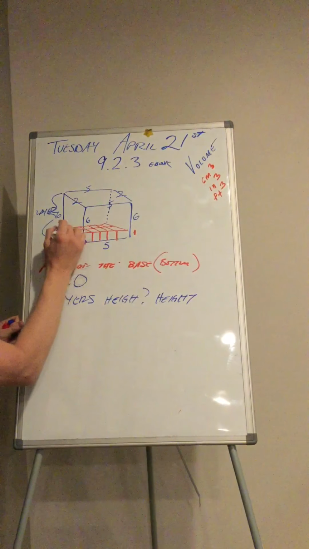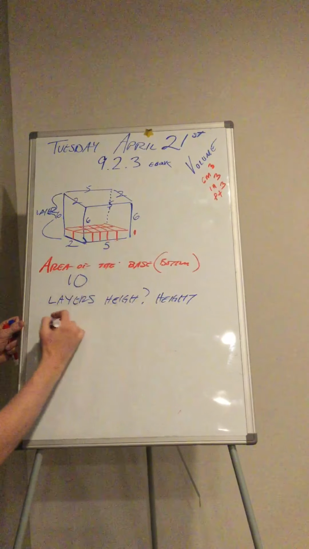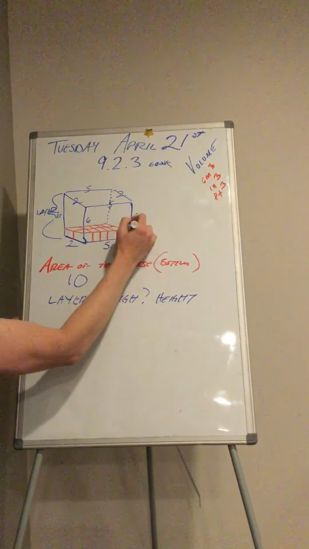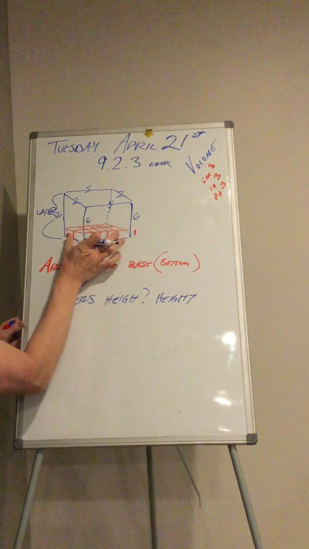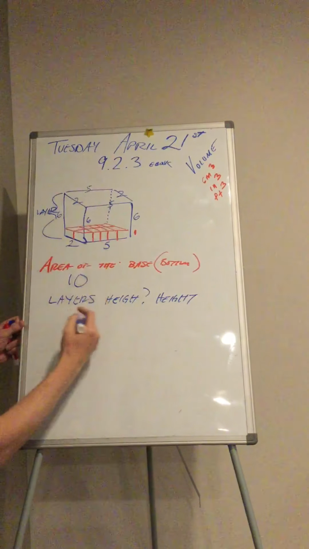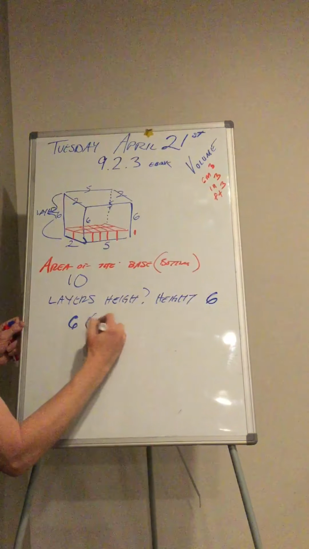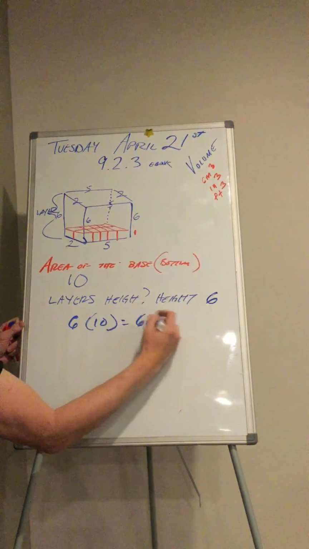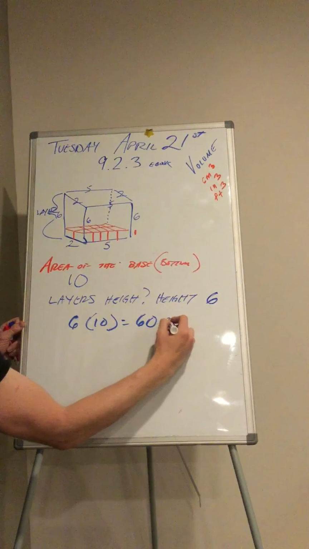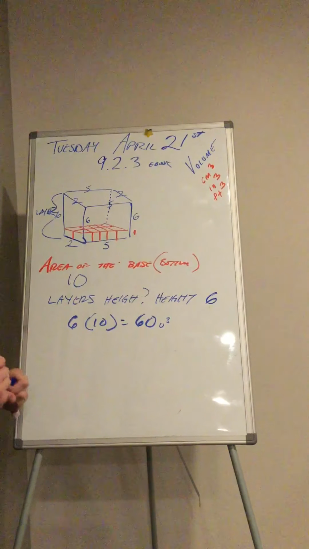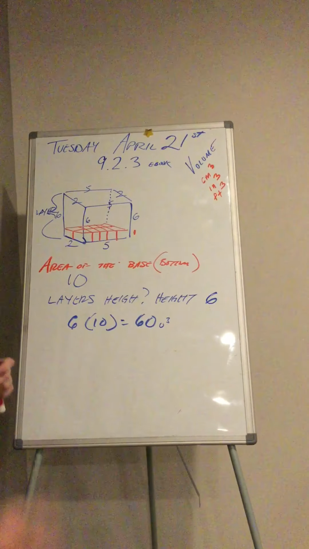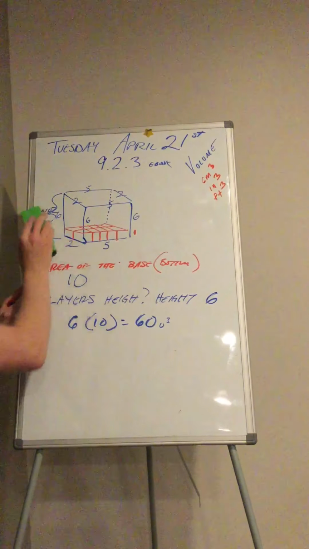Because it's a height of 6, so 6 identical layers of this 10 would be stacked on top of each other. So I have 6 times 10. So 60 unit cubes could fit in this object. Okay? We'll do another one.